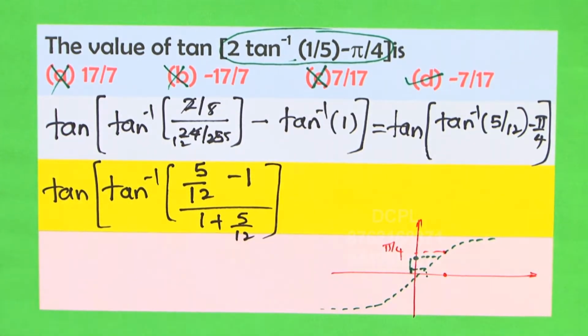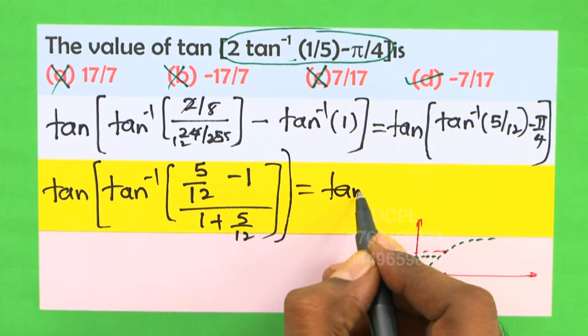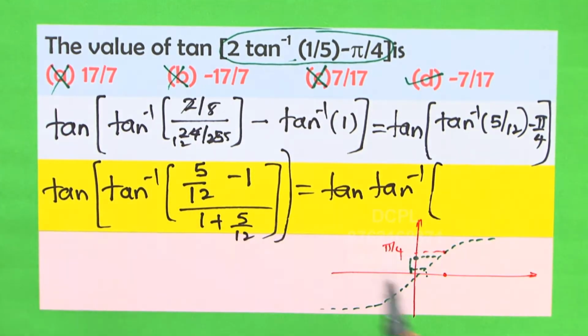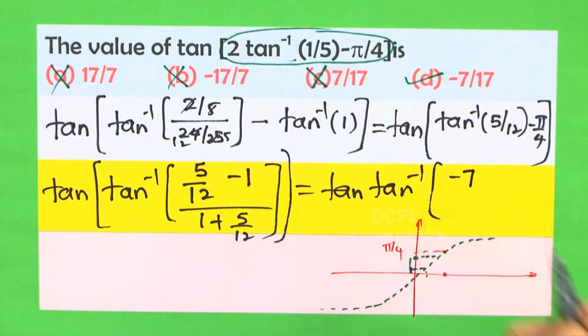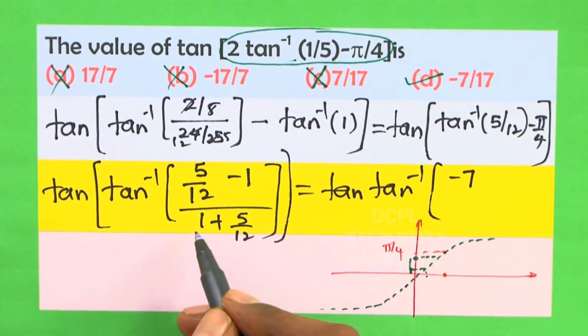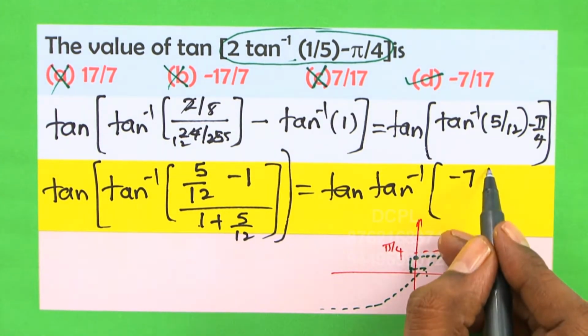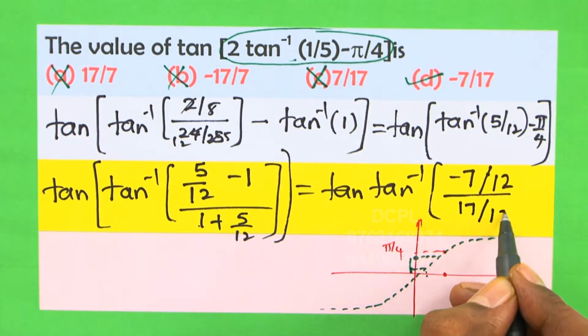Is that correct? So that is equal to tan of tan inverse of 5 minus 12 is minus 7, correct? Minus 7 divided by 12. 12 plus 5, 17 divided by 12. Minus 7 divided by 12, 17 divided by 12.